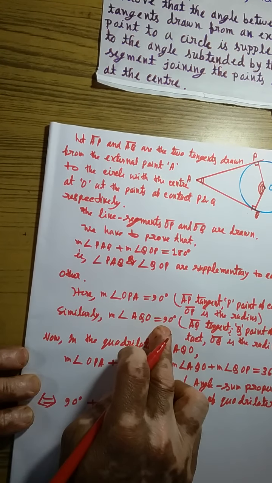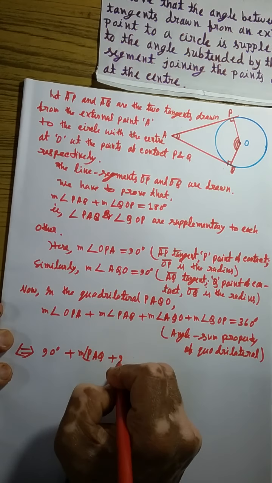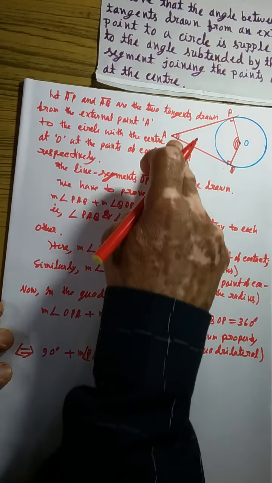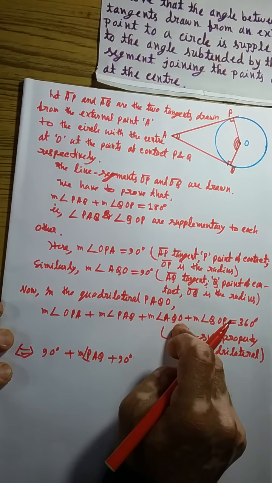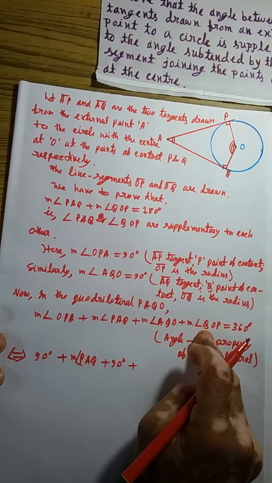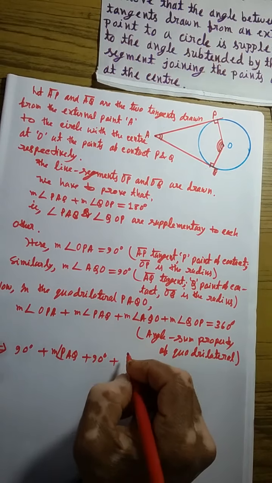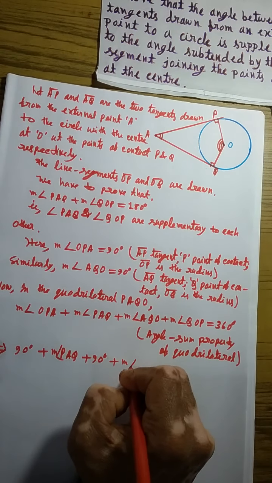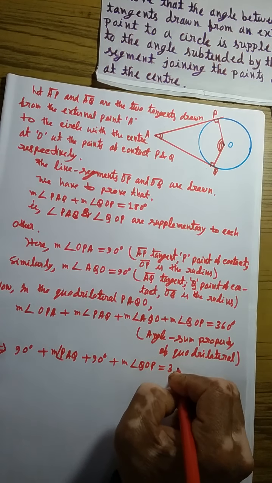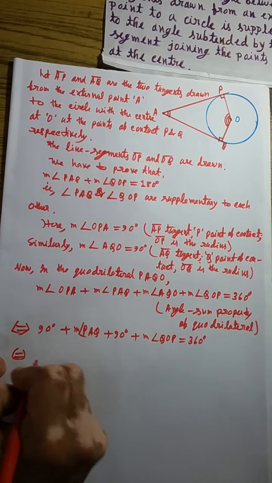Measure of the angle AQO is equal to 90 degrees, so we will write now 90 degrees here in place of AQO, plus measure of the angle QOP is equal to 360 degrees.